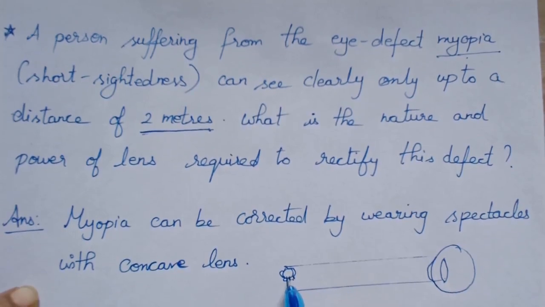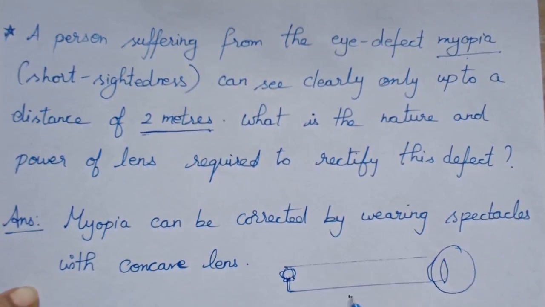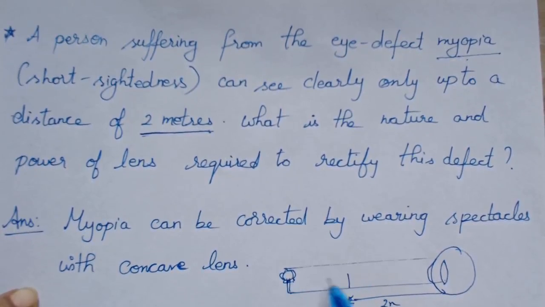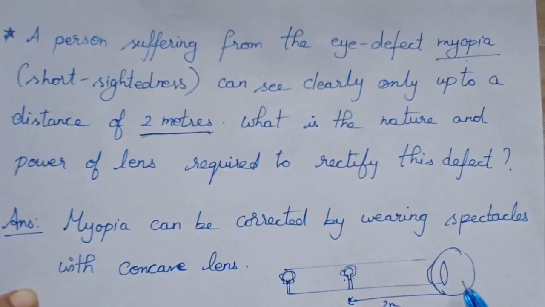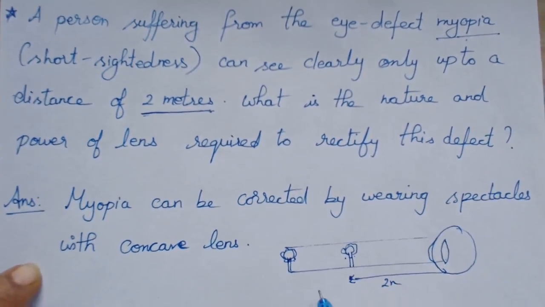He is not able to see this tree clearly, but his far point of the eye is present here, at a distance of 2 meters. So if I am able to bring the tree's image here using the lens, he is able to see it clearly. Am I right? So our object distance is at infinity.